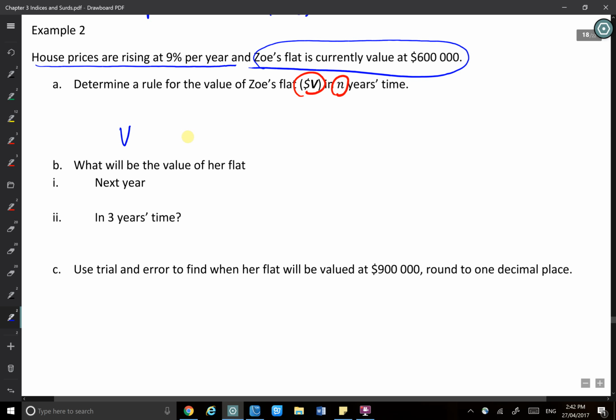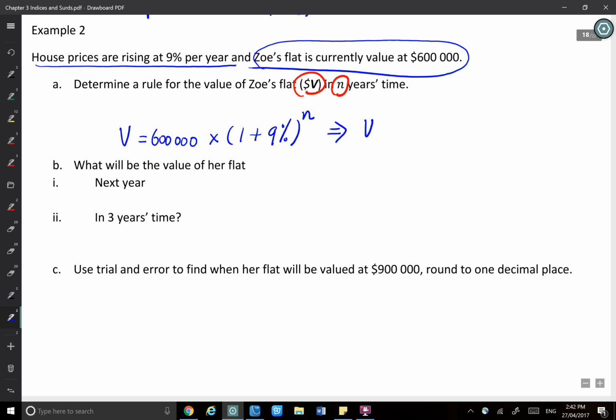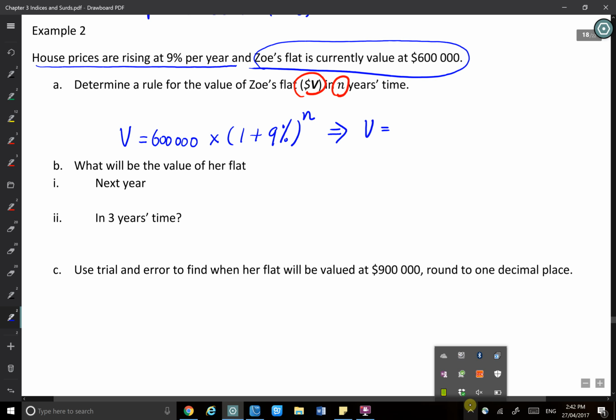So V equals 600,000 times 1 plus 9%, that's the base, to the power of n. You must use V and n. If you use different variables, you will lose 1 mark. So V equals 600,000 times 1.09 to the power of n.